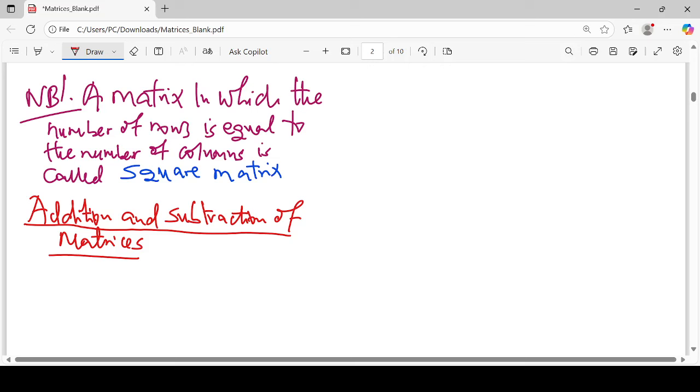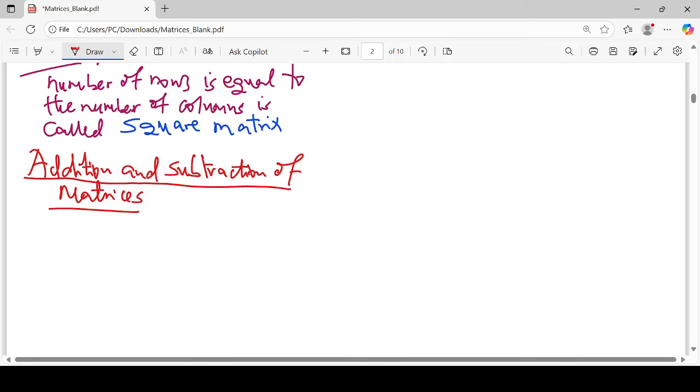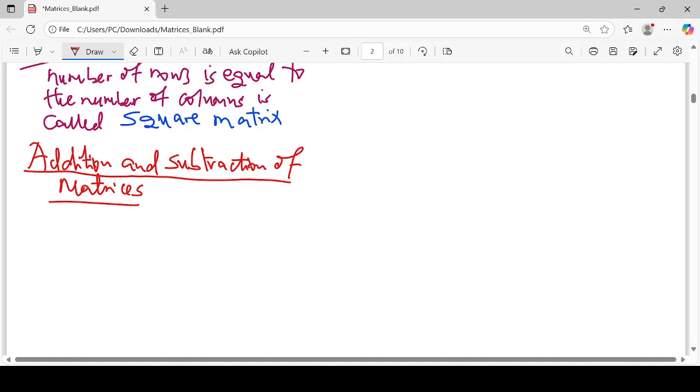Remember, we began our discussion by saying that matrices can be added or subtracted if they are compatible.